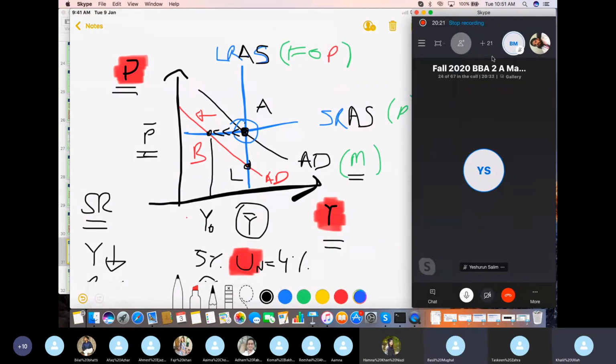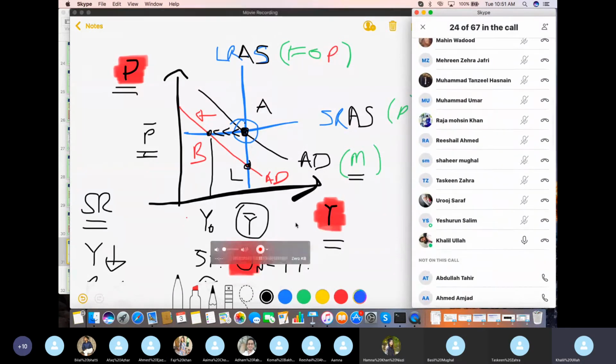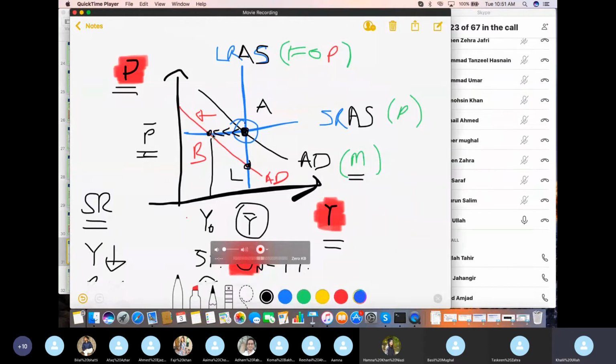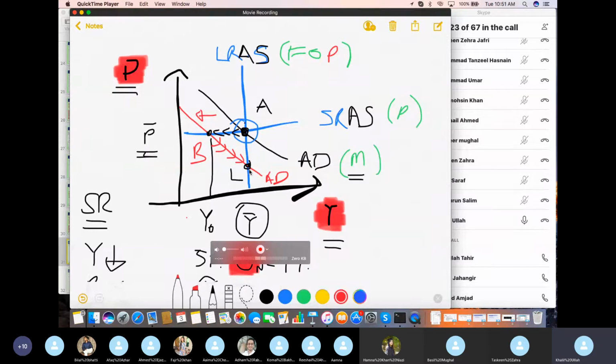They're no longer sticky. When prices are no longer sticky, the economy starts moving towards the long run equilibrium, from point B towards point L.